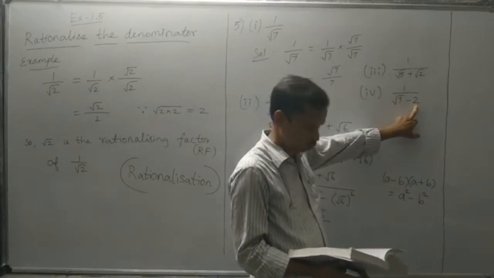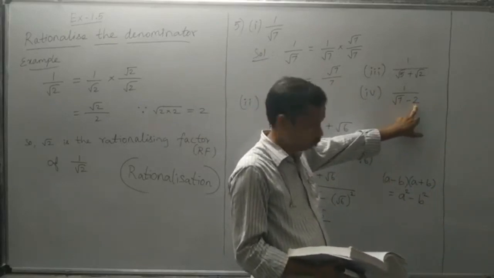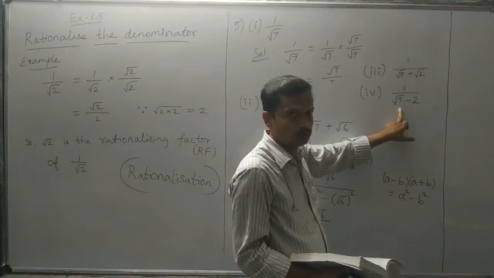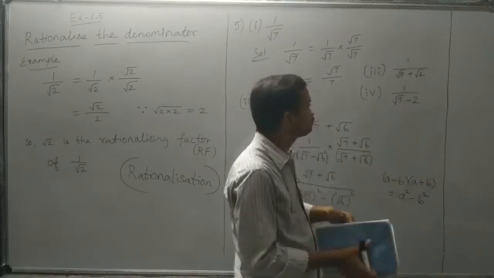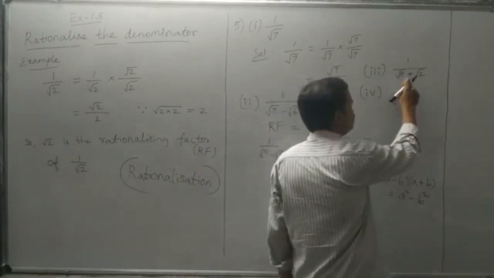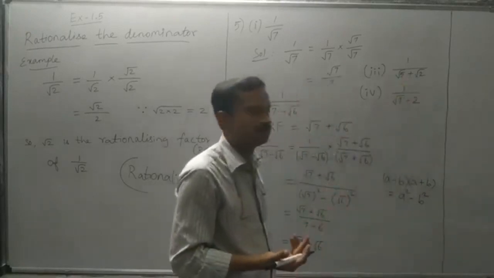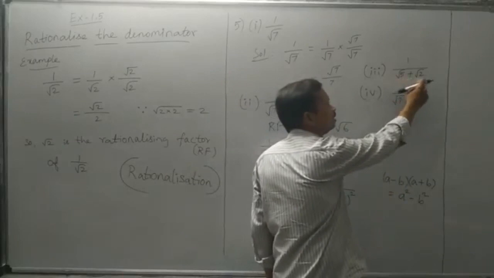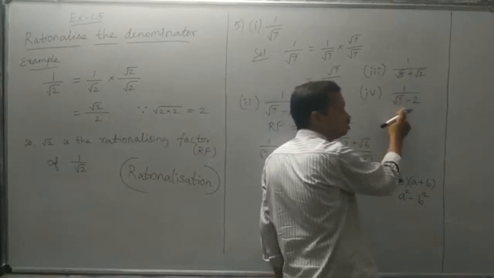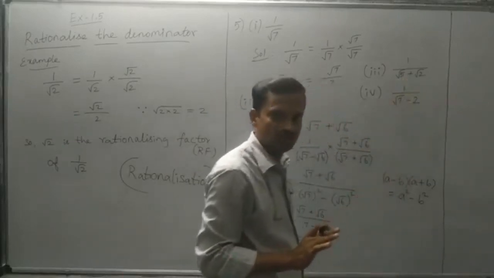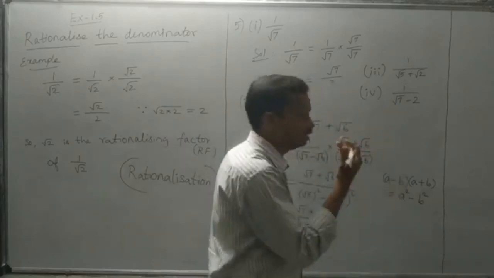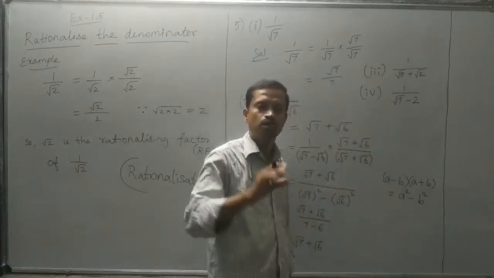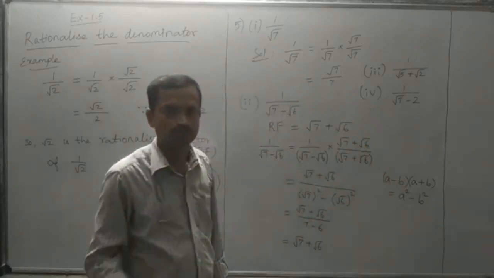There is no root symbol on the 2, only on the 7. So the rationalizing factors are root 5 minus root 2 for option 3, and root 7 plus 2 for option 4. That's all. By taking that, you proceed and you can easily get the answer. Clear?